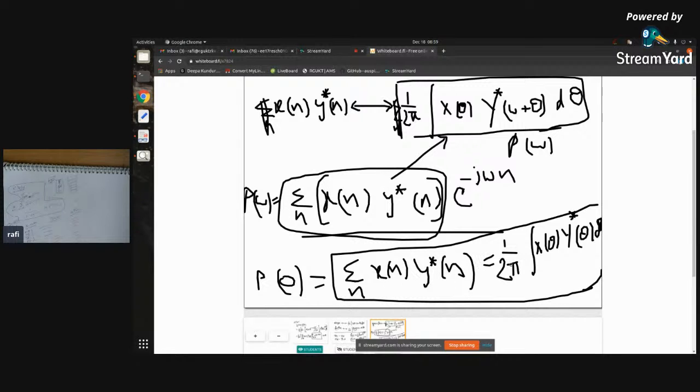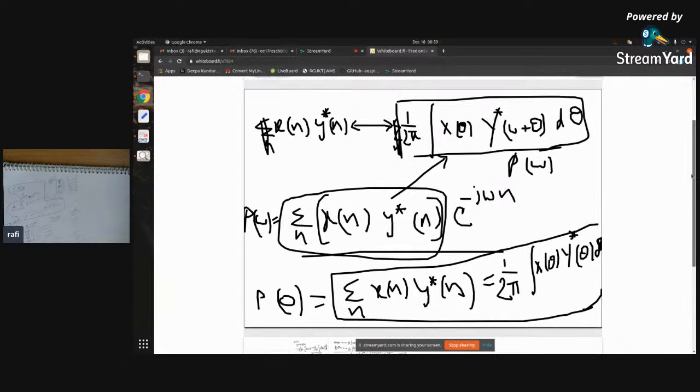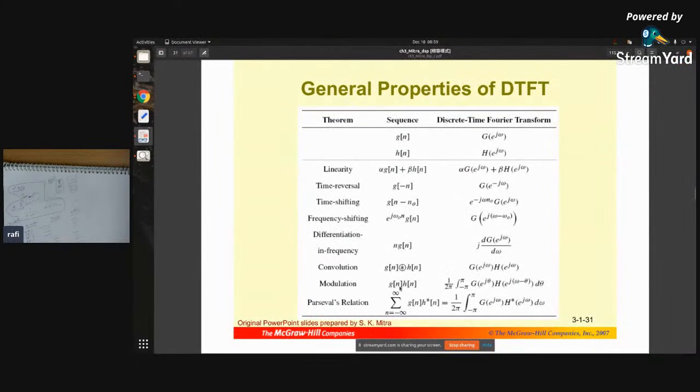So now, is it clear to all of you? We used this modulation property that we proved yesterday: x of n into y of n, or here g of n into h of n if you take, that is the convolution between these two.